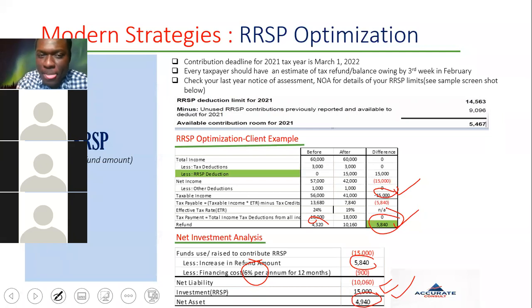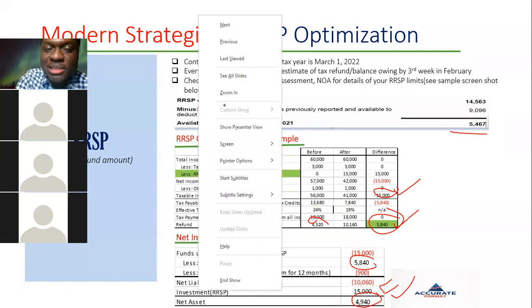Is that how it works? Yes. Now your wife, let's assume your partner, has enough contribution room. Okay. So you can contribute into your partner's RSP, but it's still pegged to how much you can deduct that year.